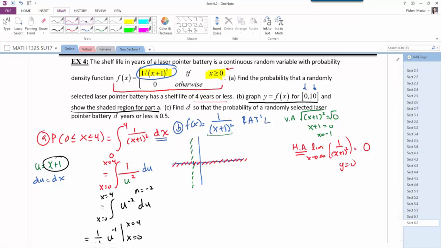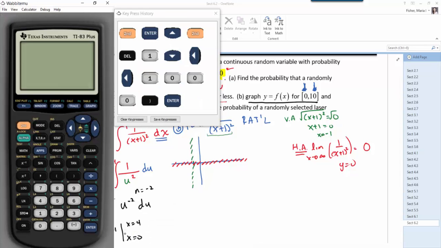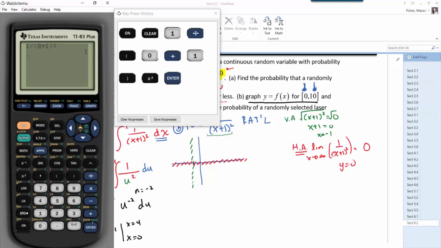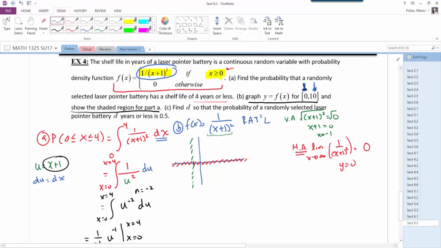And then if I just do some function values so that I know what happens exactly at 0 and exactly at 10, well, in a calculator, if I figure out what 1 divided by (0 plus 1) squared is, I'd end up with 1. So when the x value is 0, the y value is 1.